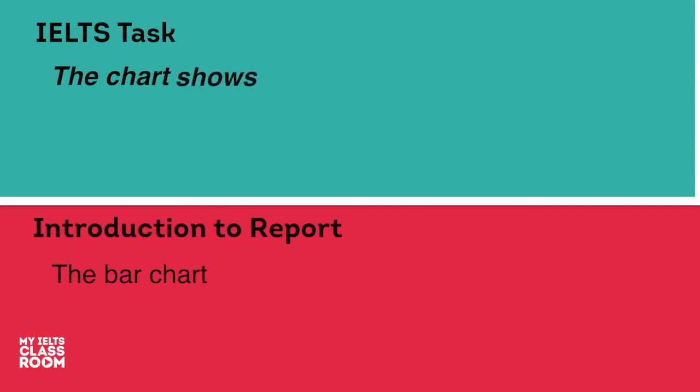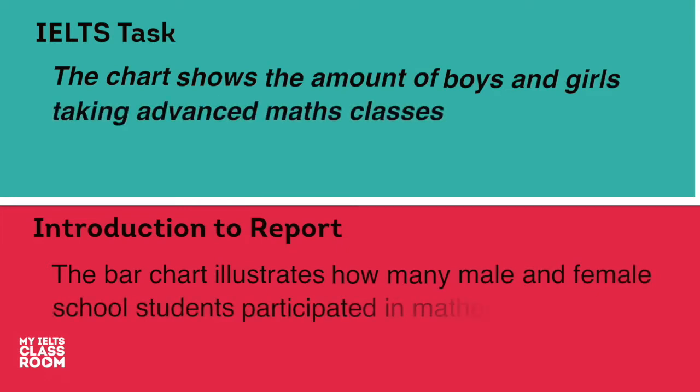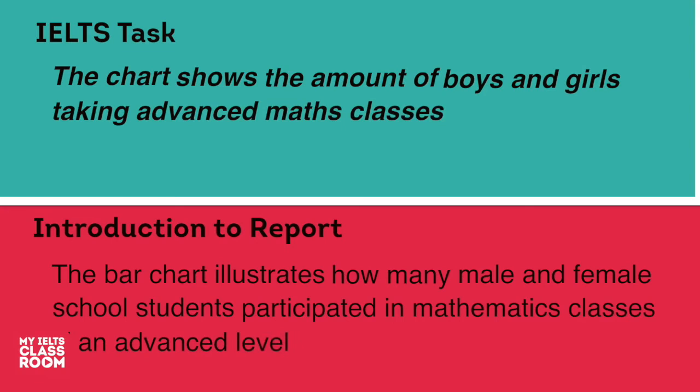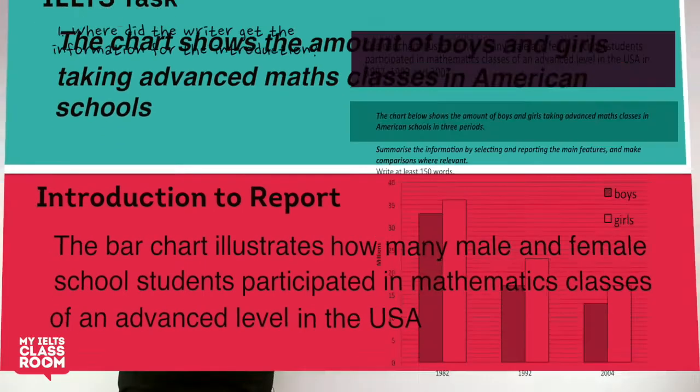Shows, illustrates, the amount of, how many, boys and girls, male and female school students, taking, participated in American schools, in the USA. You can see it is just a direct paraphrase.